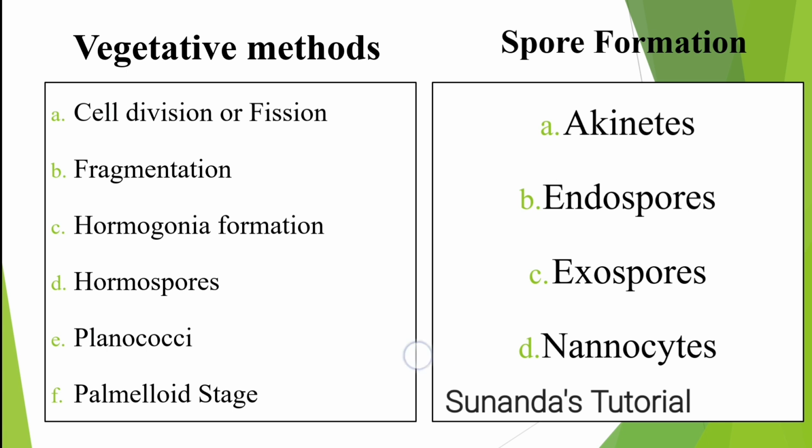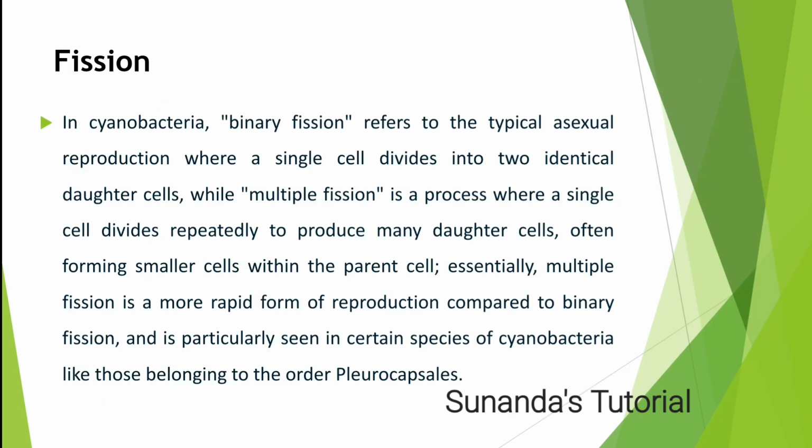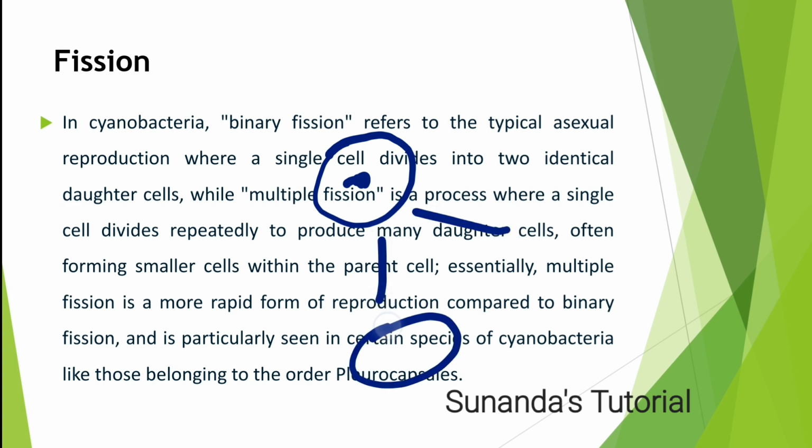So finally, at first, what is the fission method? It is the most common method of vegetative reproduction observed in bacteria as well as in cyanobacteria, that is fission or binary fission. Some show binary fission, where the mother cell, one cyanobacterial cell, divides, producing two cyanobacterial daughter cells.